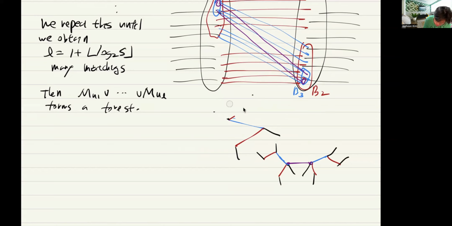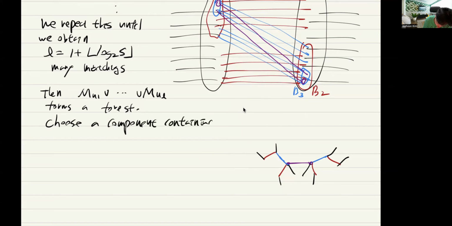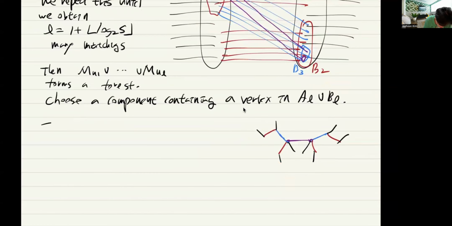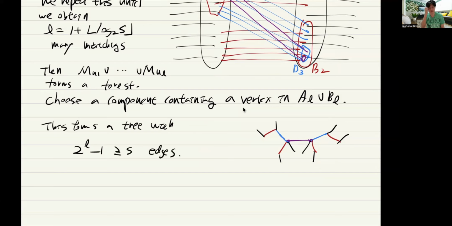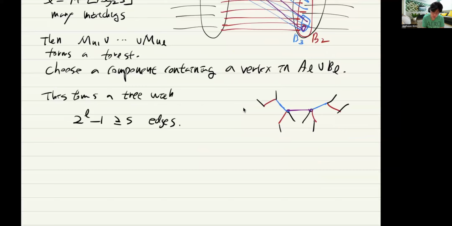And here you have this forest, and then you choose a component containing a vertex in AL union BL. And it forms a tree with 2 to the L minus 1 edges, which is at least F edges. So 1 plus 2 plus 4 plus 8 is 2 to the 4 minus 1.